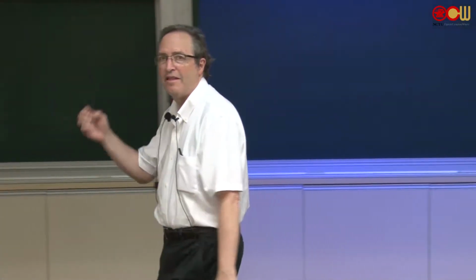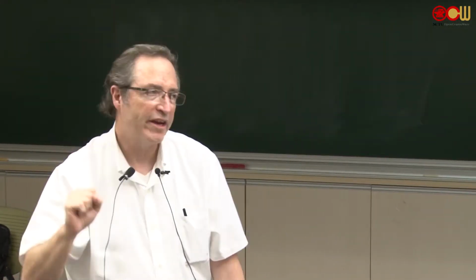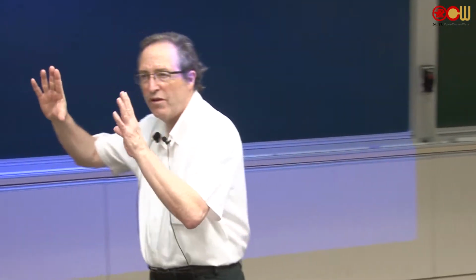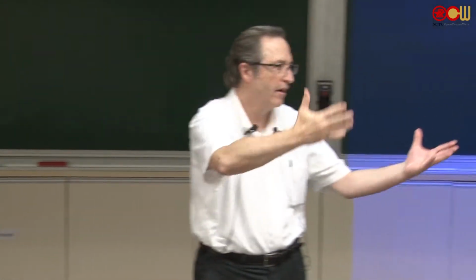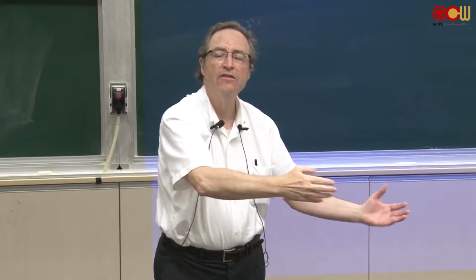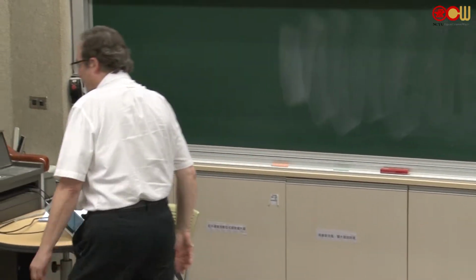Now we're going to discuss how to do that in a more rigorous way. Turns out that almost everything we've done so far has a corollary, an analogy in rotation. All right, so we're going to be concerned with rotation.